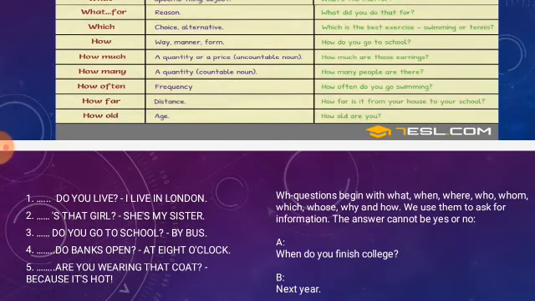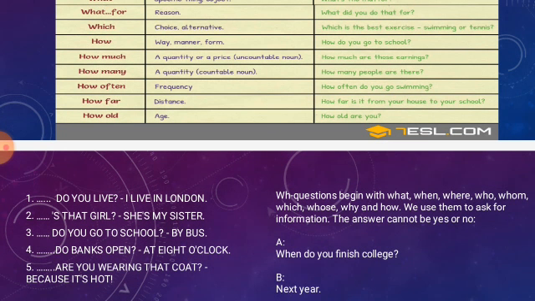How much? When you are talking about a quantity or a price, when it refers to an uncountable noun. How much are these mangoes? How much are those earrings? How often refers to frequency. How often do you go swimming?